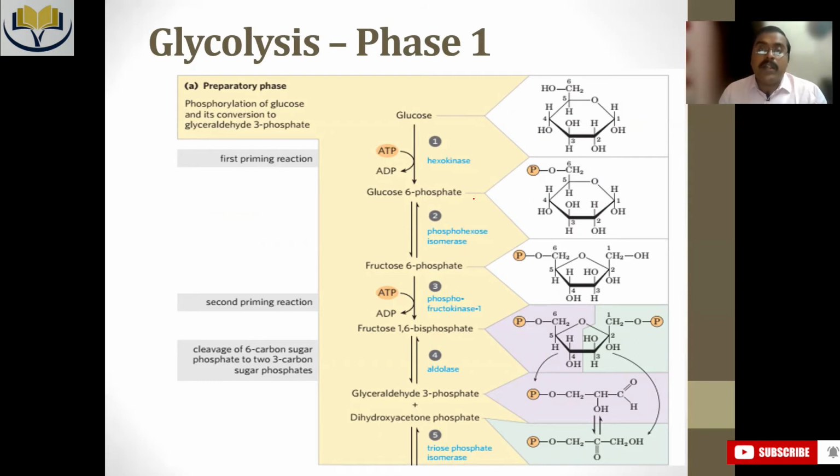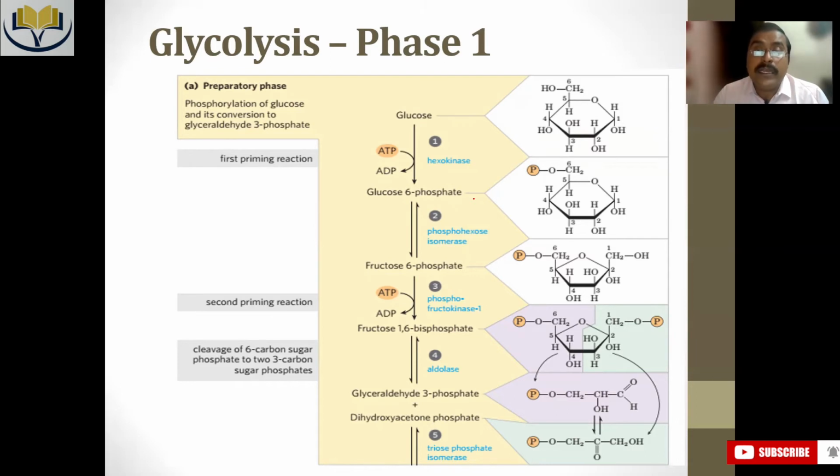Before we go much more inside this pathway, you just need to know a few little things. Number one, this pathway is important because whatever an organism is, whether aerobic or anaerobic, doesn't matter.